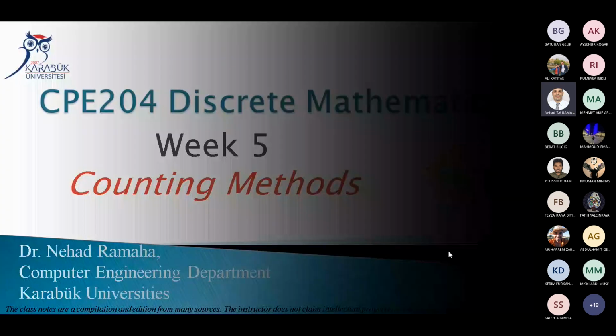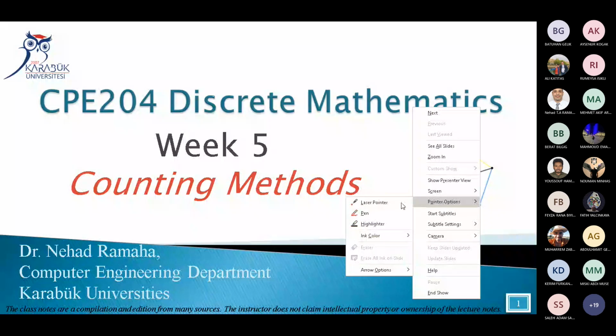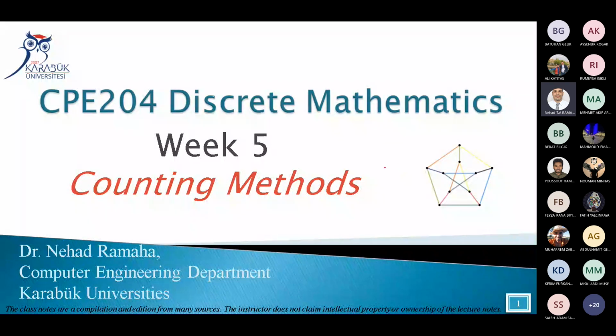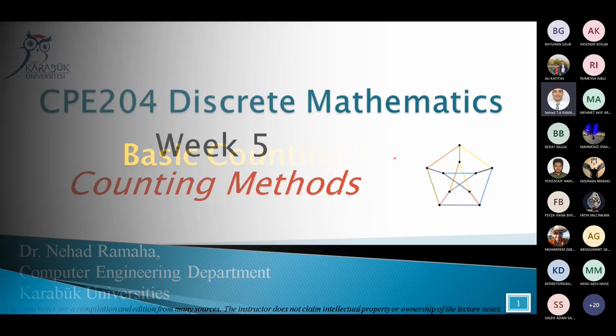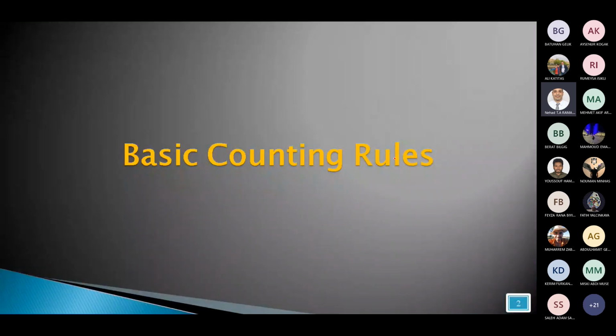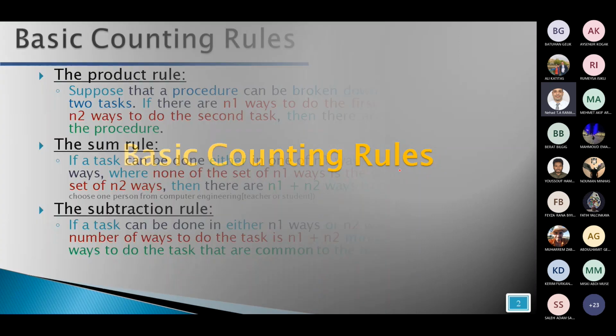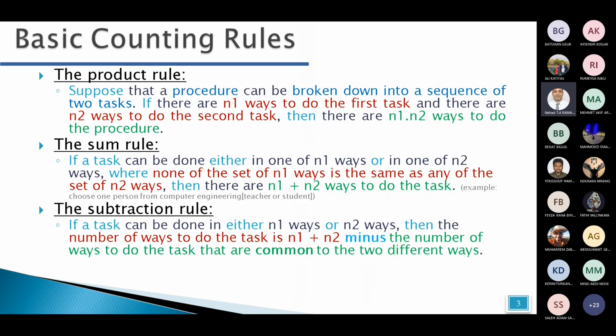In counting methods, we have many subjects related to the counting. First, we will take the basic counting rules, which is 3 rules: product rule, sum or summation rule, subtraction rule.